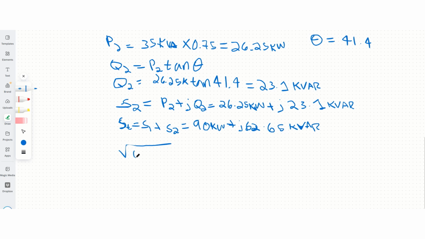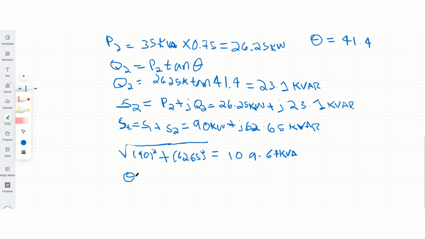So it's 90 squared plus 62.65 squared, all under the square root, and that will give us 109.67 kVA.